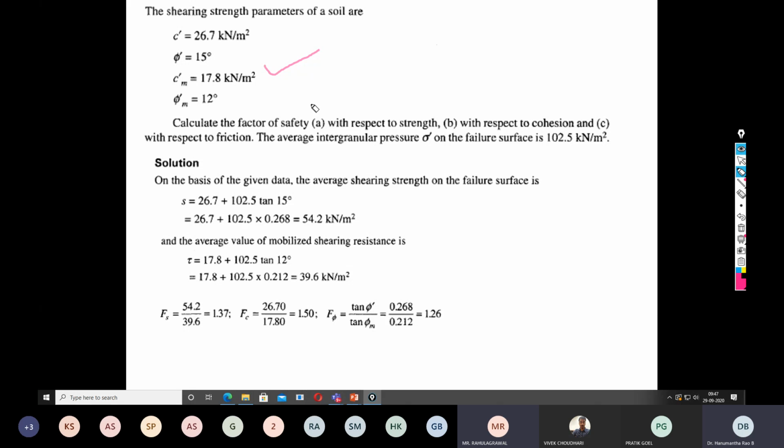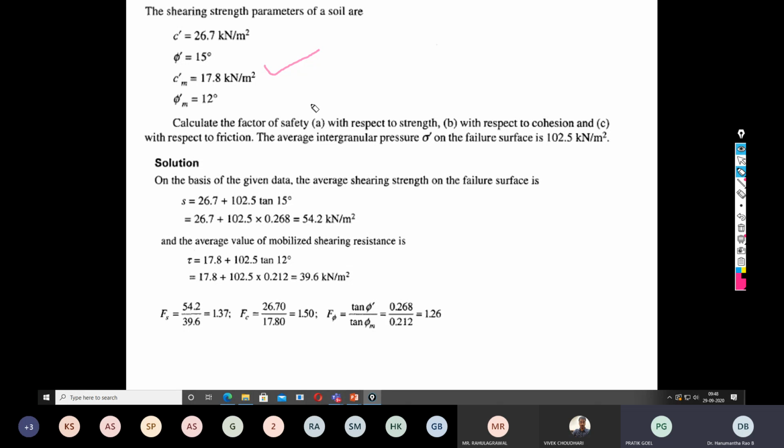So that means if the cohesion reaches 26.7, then there is a failure. Yes, sir. Okay. But will it really reach up to 26.7, or can it fail even before that? Sir, the failure will start from the value of 17.8. And it will fail till 26.7.